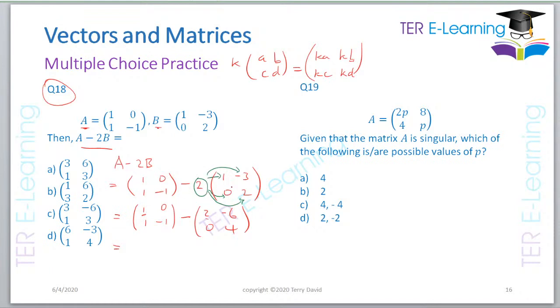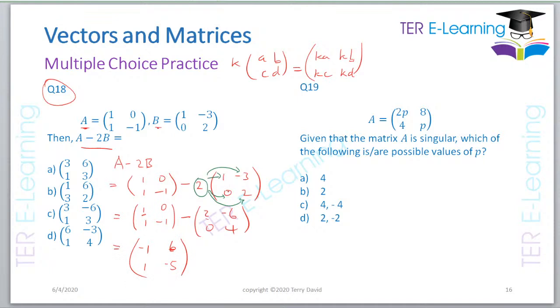Did I miss out anything? 1 minus 2 gives me minus 1. 0 minus 6 gives me plus 6. 1 minus 0 gives me 1. And minus 1 minus 4 gives me minus 5.